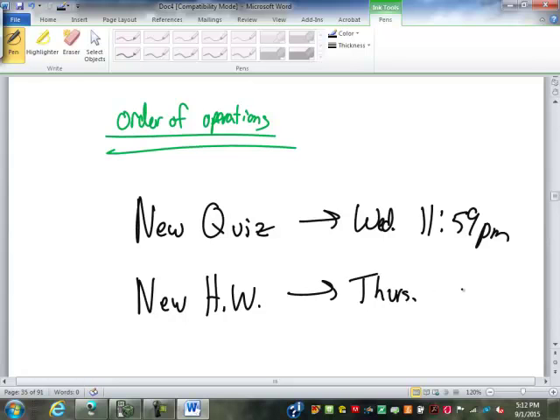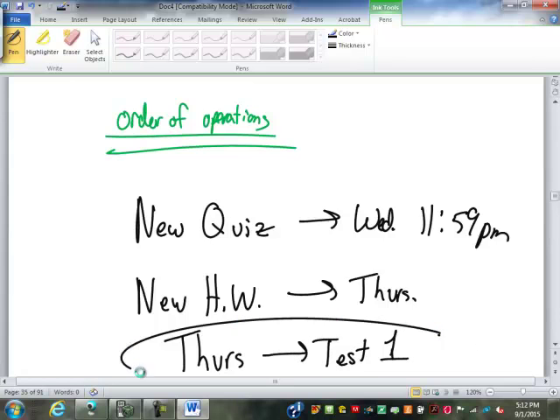And then, of course, Thursday is the Unit 1 test. Make sure you've done all the quizzes up to this point. I think this will be the third one. Is that right? Yeah, this will be the third quiz. So make sure you have them all done. If you don't have them all done, get in touch with me and we'll figure out some way for you to make them up.